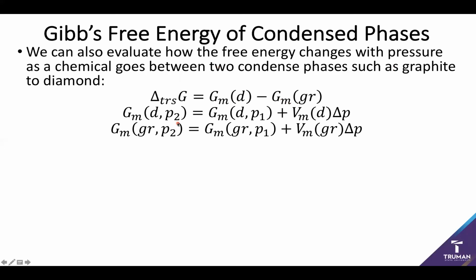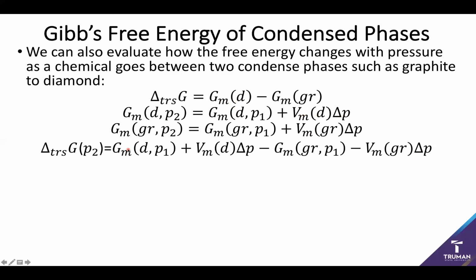This is very similar to what we've done with our other thermodynamic cycles. Our Gibbs free energy at our new pressure is going to be our old value plus the molar volume of diamond times the change in pressure, and similar for graphite. I can then insert both of these equations, and my Gibbs free energy of transition at my new pressure is going to be my old value for diamond plus the correction, minus the old energy for graphite plus its correction.